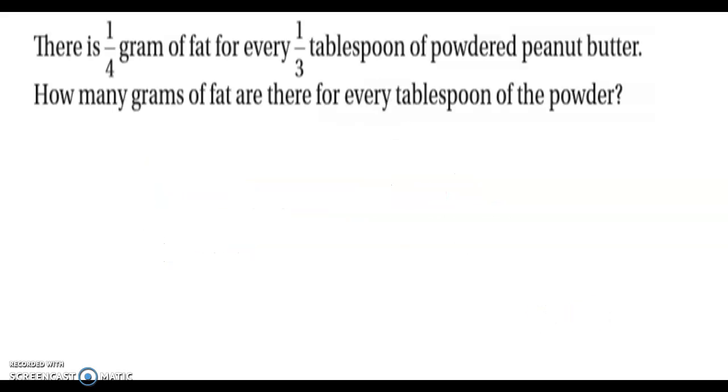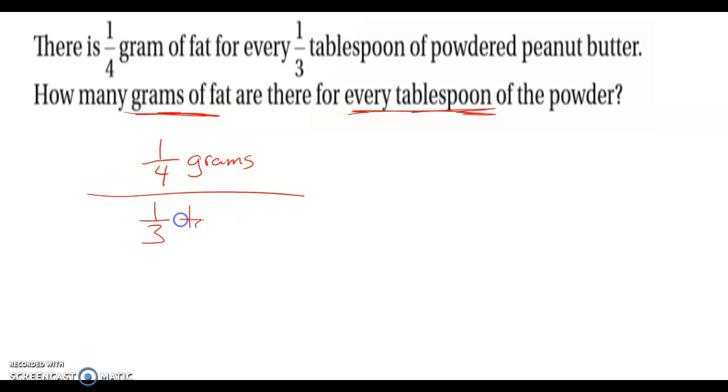There is 1/4 gram of fat for every 1/3 tablespoon of powdered peanut butter. How many grams of fat are there for every tablespoon of the powder? So that is 1/4 grams for every 1/3 tablespoon.